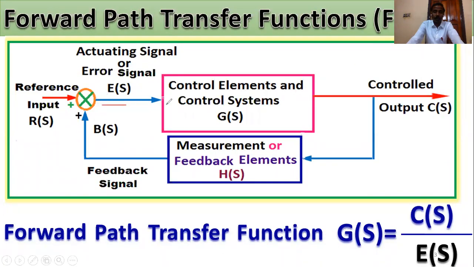For this forward path, output equals C of S, input equals E of S, and the transfer function equals G of S.